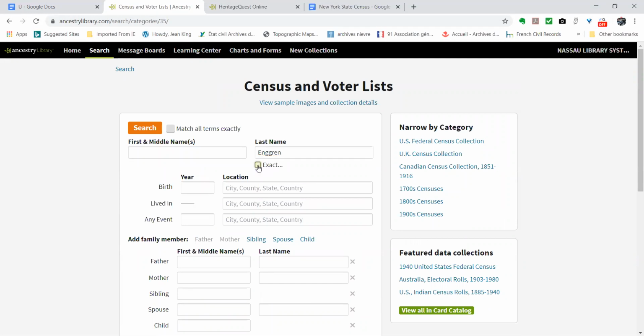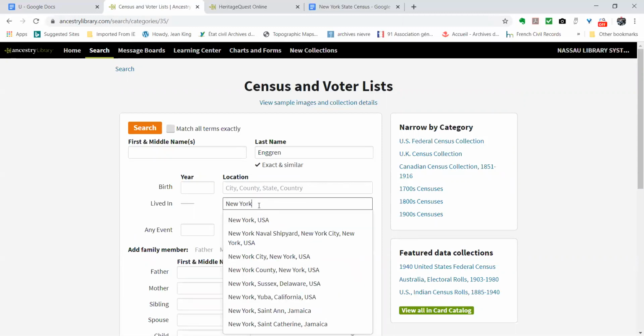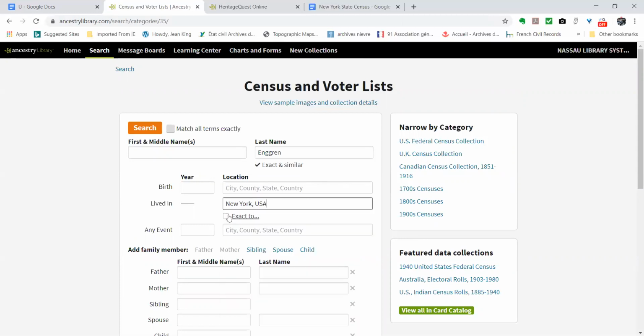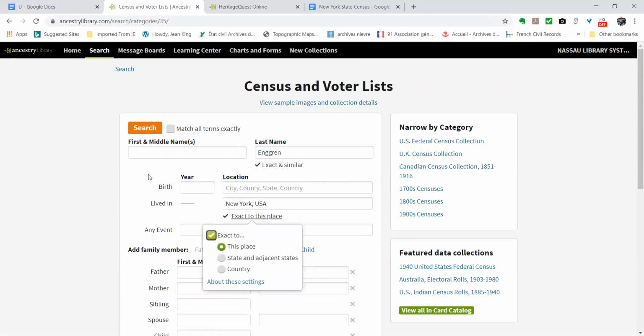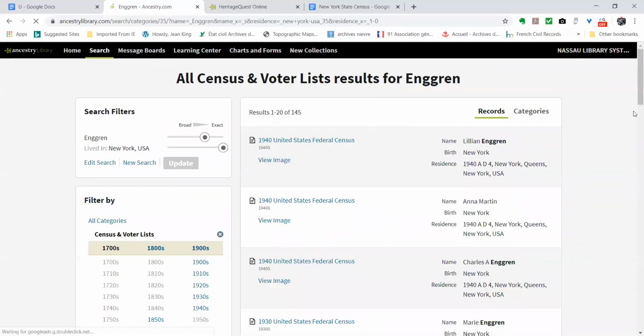Now, when I search on here, I always click similar also because of a lot of misspellings. And for our demo, I just want New York. And let's hope they show up the way they should.